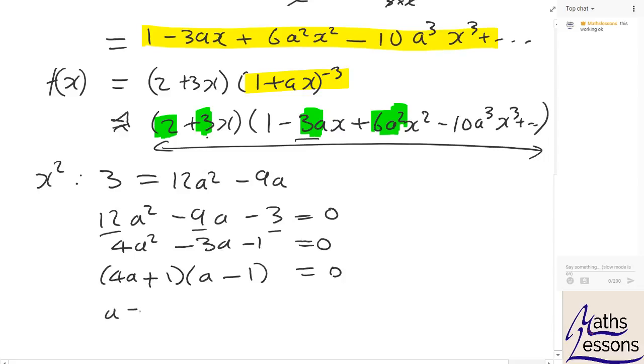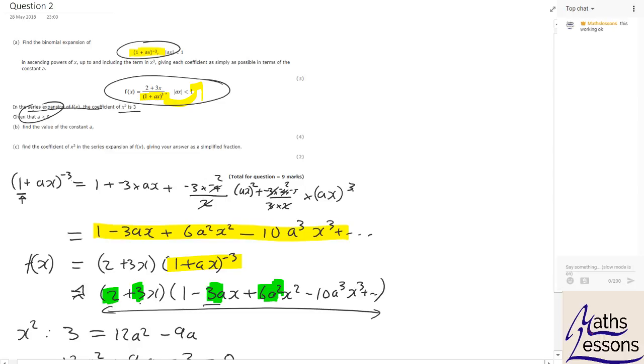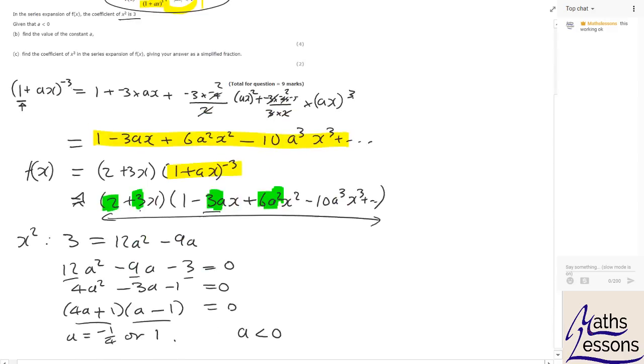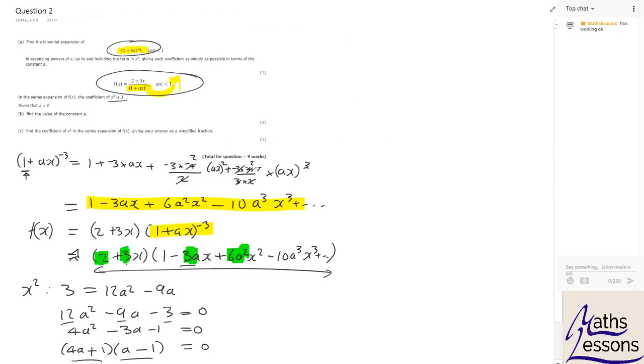So either a equals minus a quarter from here, or 1. But we know that a is less than 0. We go back to the question, we can see that a is less than 0. So therefore a equals minus a quarter.